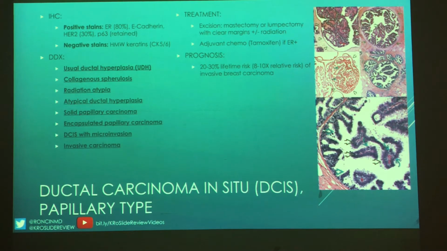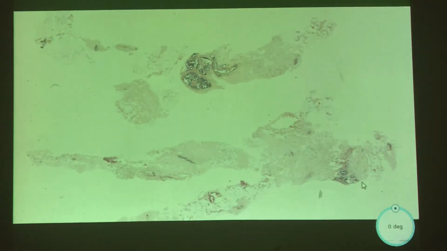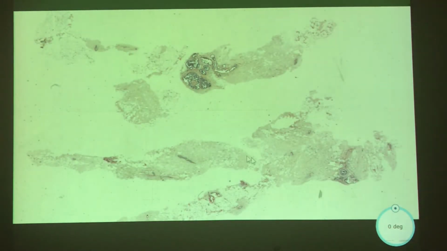So you can really appreciate the difference between is there a fibrovascular core or not. Just to muddy the water a little more, right? We like mud in pathology. We do. All right, so more cores.